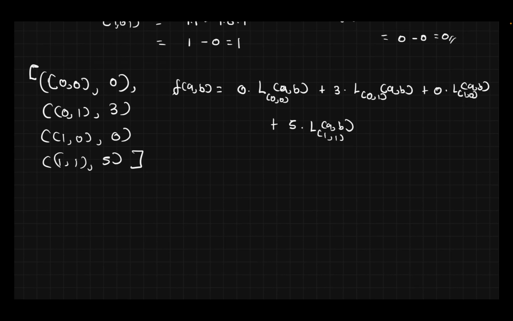So now we can already remove 2 terms, right? Because 0 times the first one is going to be 0, so we don't need to waste time calculating that. And likewise, the third one, 0 times, we don't need to waste time calculating that, even if it returns one.